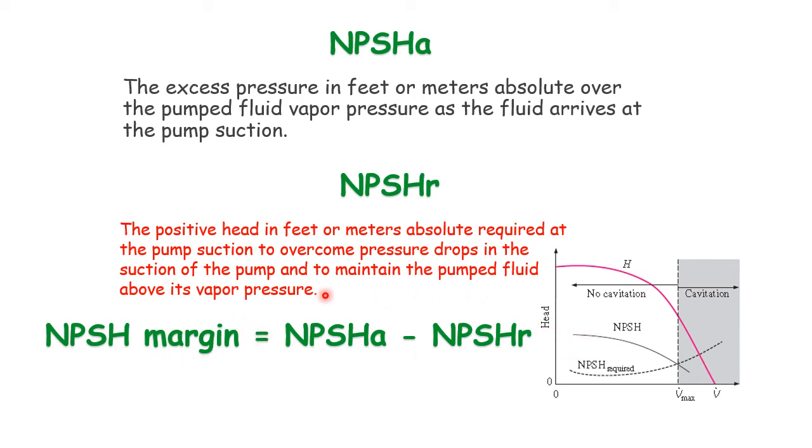As a rule of thumb, the available NPSH, which is our system NPSH, should always be higher than the NPSHR required by the pump.